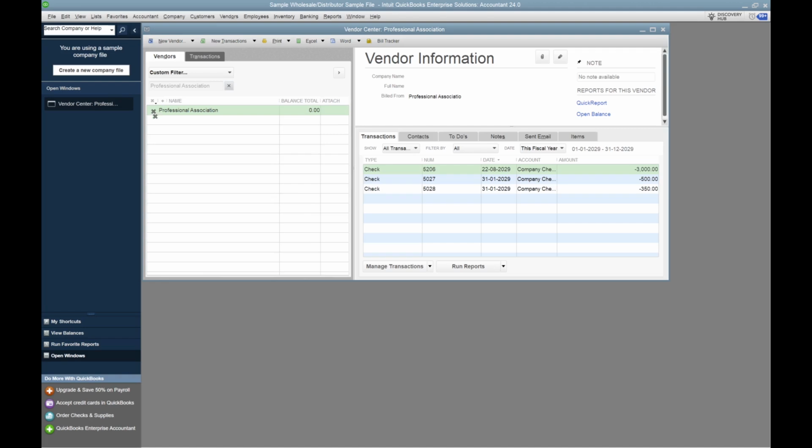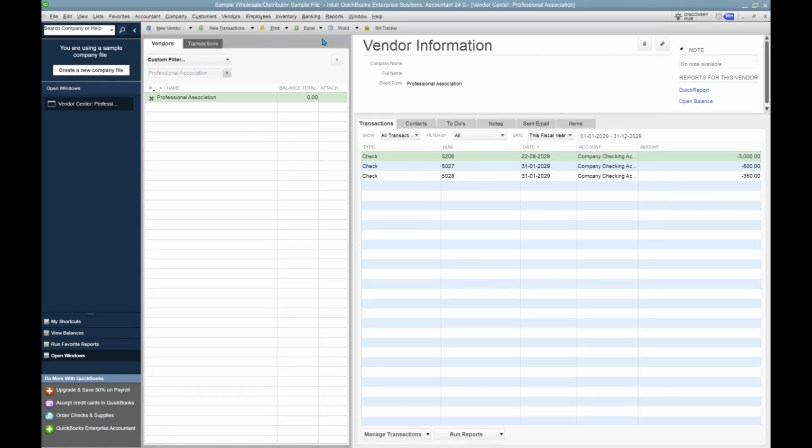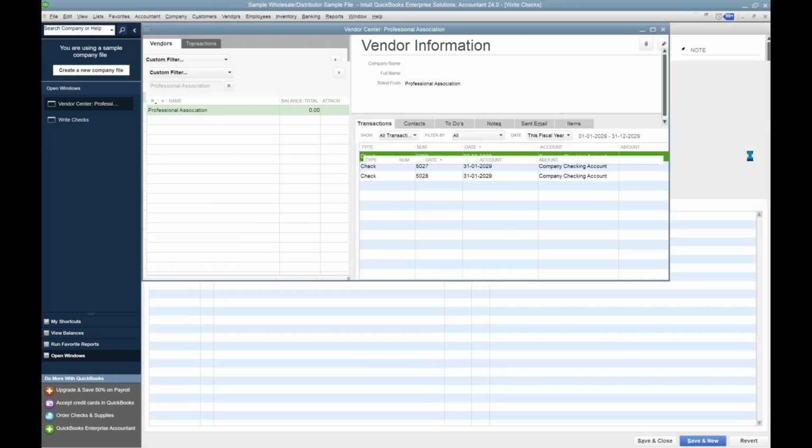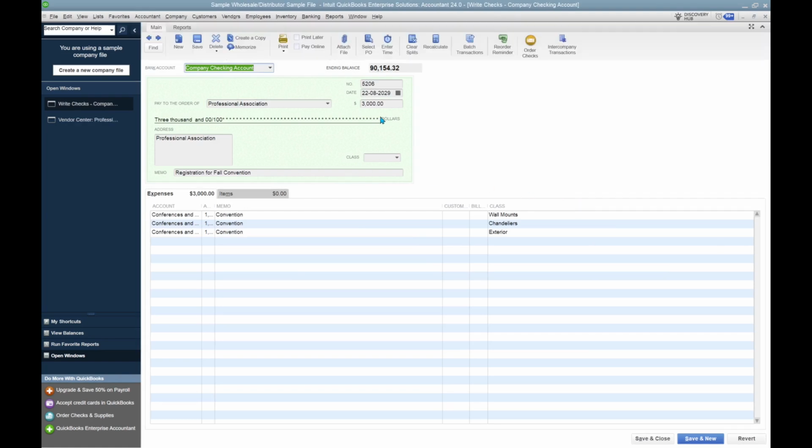We can see all payments made to this vendor. But when we look closer, there is a problem. The payments do not have clear details.